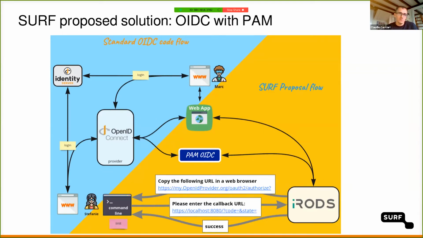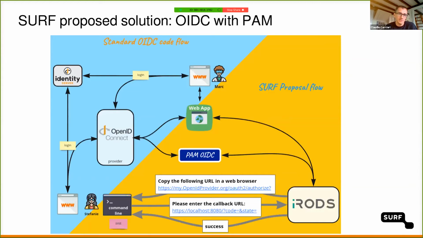So we do not want to disrupt the normal OIDC code flow. The standard OIDC code flow is still there, and we will not touch it. We will work a bit more in the iRODS part, on the way to authenticate the user supporting OIDC with PAM.